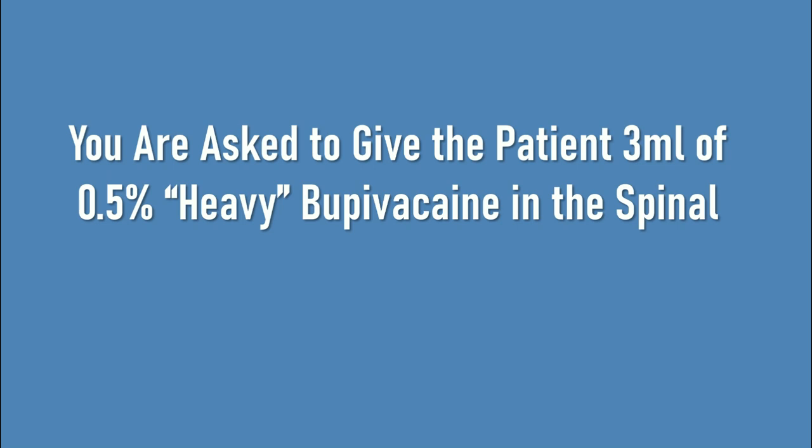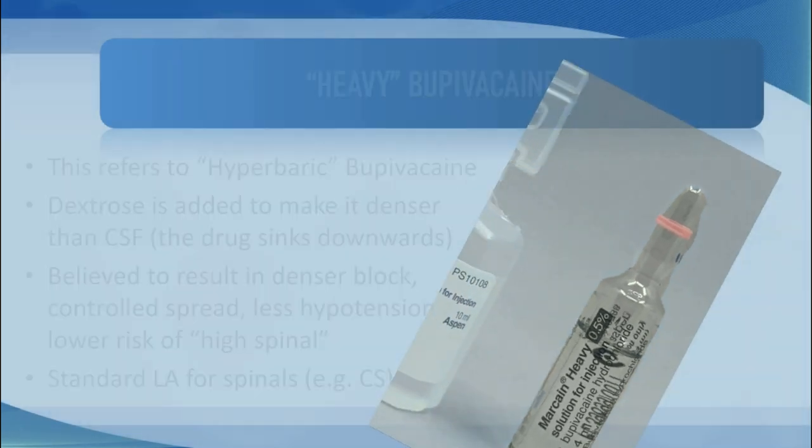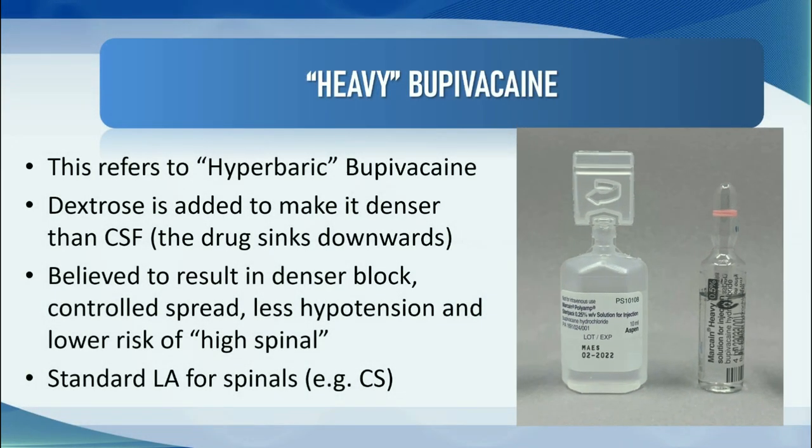The other question about the spinal anesthetic that we started with earlier on is that you're asked to give the patient 3 mL of heavy bupivacaine in the spinal. What is heavy bupivacaine and how does it work? Well, the word heavy refers to hyperbaric bupivacaine.